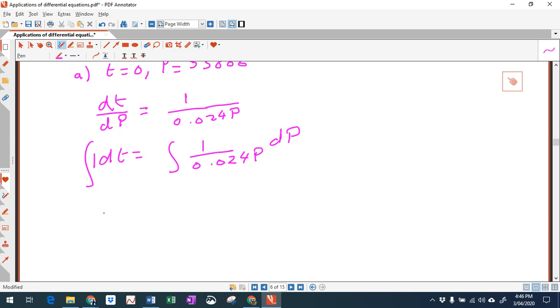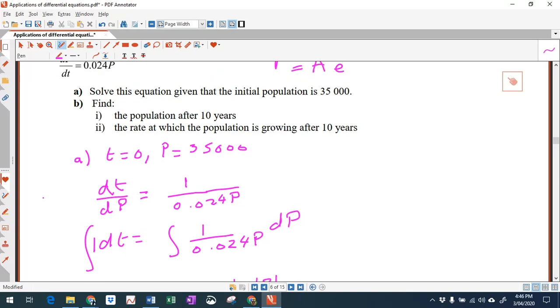If I integrate 1 with respect to t, I get t, and if I integrate the other side with respect to P, I'm going to have my constant 1 over 0.024, and then that'll be log of P. P has got to be positive, so log of P with absolute value.